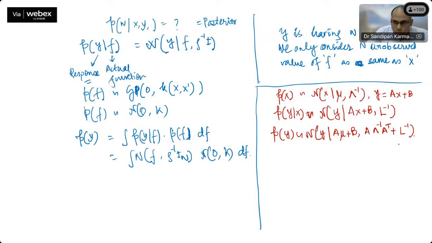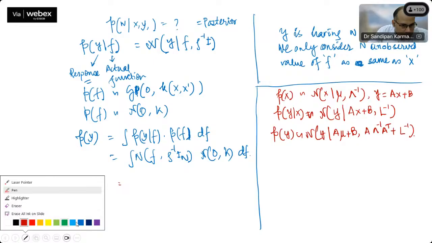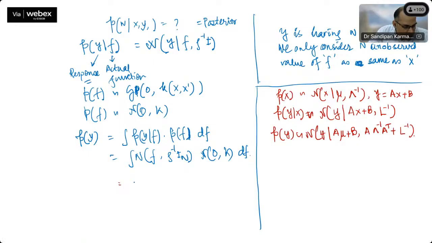The same thing will be here. So this will be a normal distribution of y with mean 0 and variance k plus rho inverse I. And this I am assuming as Cn, that is the covariance matrix.